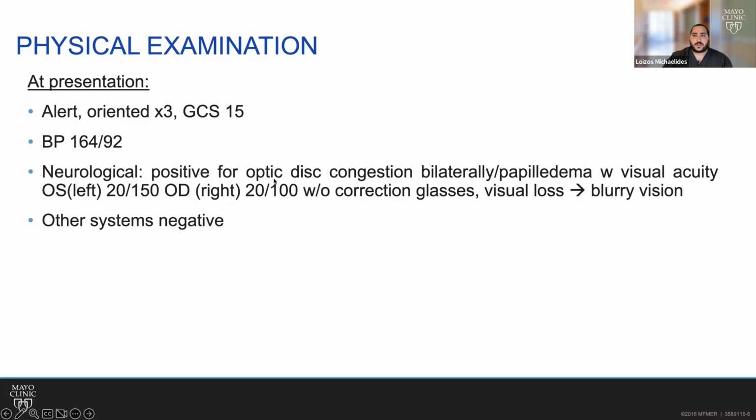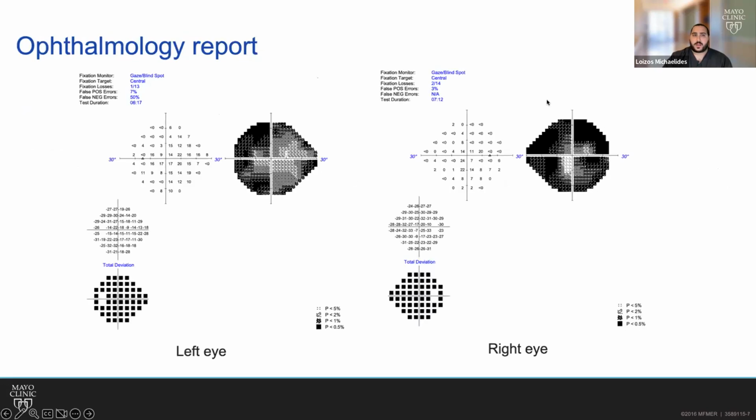And this pronounced decreased visual acuity in the right side, we can also visualize right here in the ophthalmology report, where we can see more pronounced visual defects in the superior temporal quadrant of the right eye and the nasal quadrant as well. Here, the closer these values are to zero, the more pronounced the visual defect is.